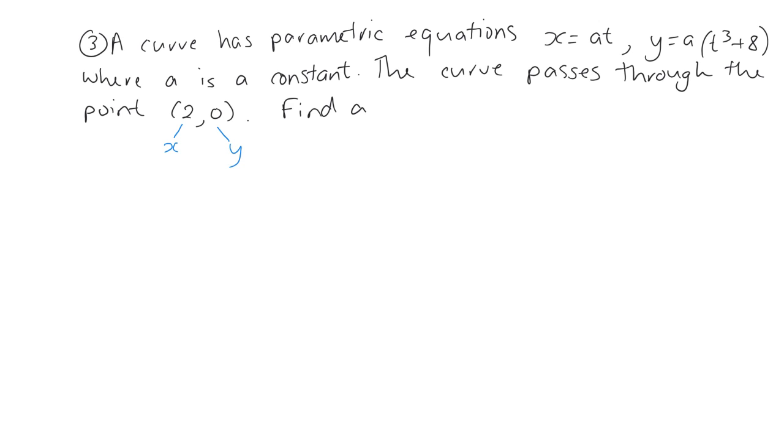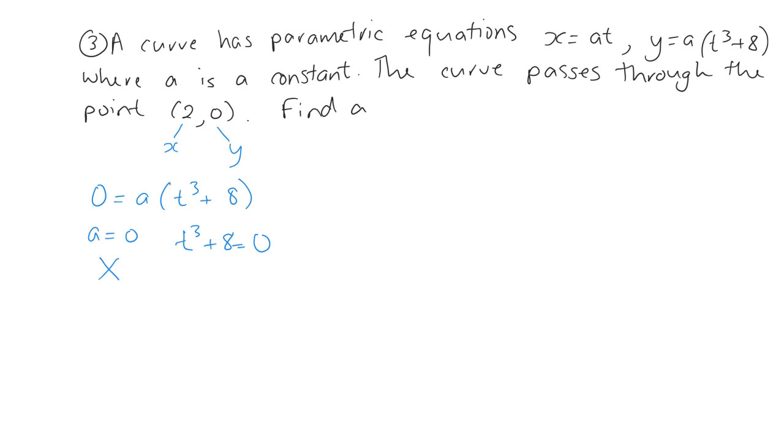I'm going to take the y value first. So 0 equals a upon t cubed plus 8. Well, the only things that can make that 0 are if a is 0 or if t cubed plus 8 equals 0.